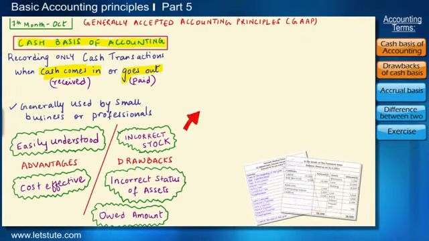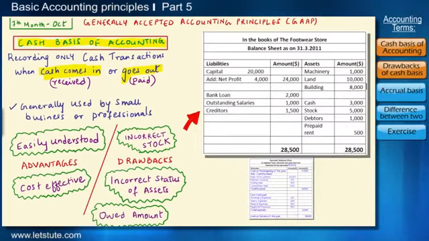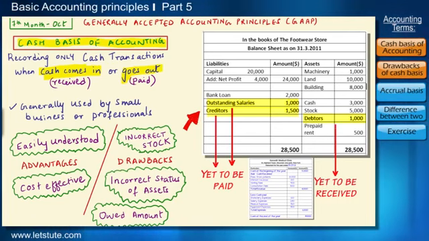Let's now take a look at the second report that we have here. Unlike the first report, in this report we can see there are debtors, there are creditors, and we also see the words like prepaid and outstanding. This means in this report, transactions are recorded even when expenses or purchases are pending to be paid, or incomes or money from sales are yet to be received.